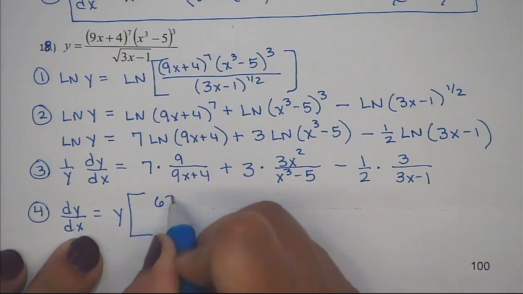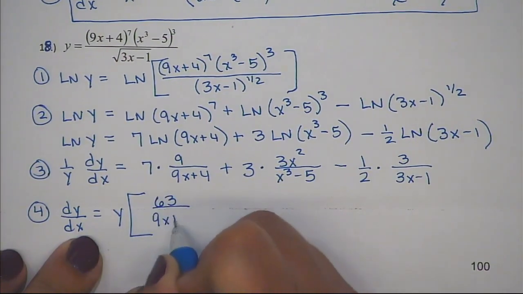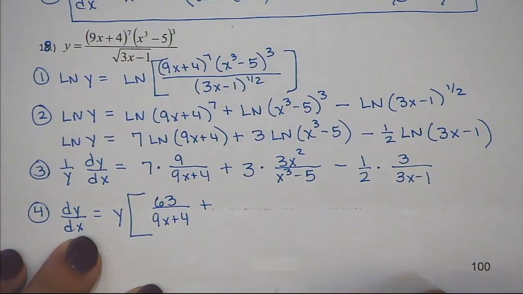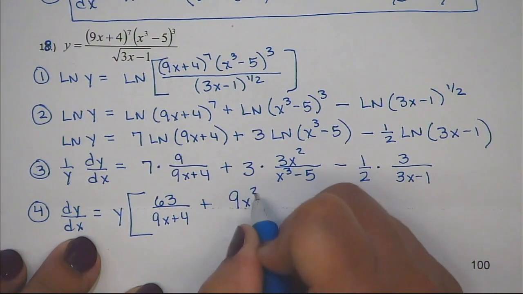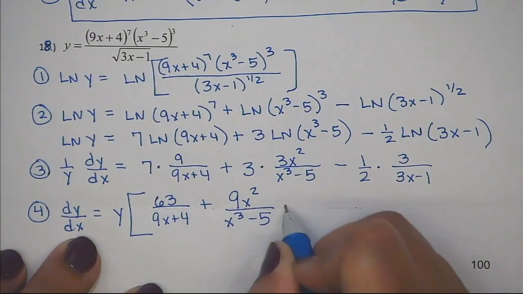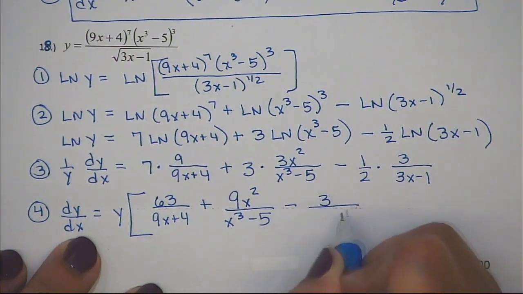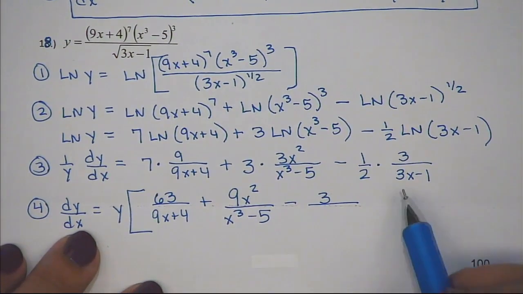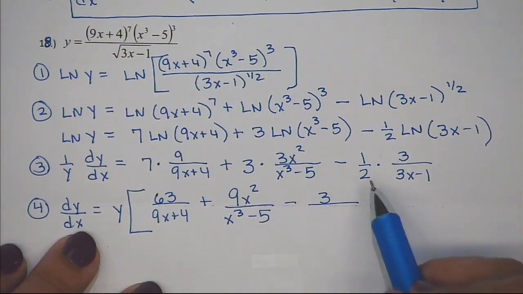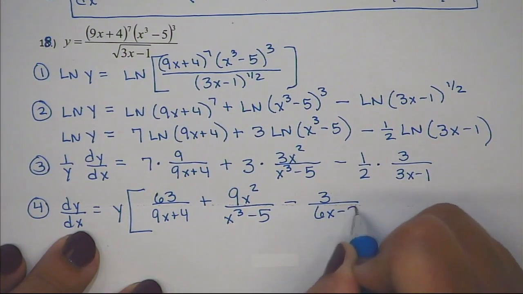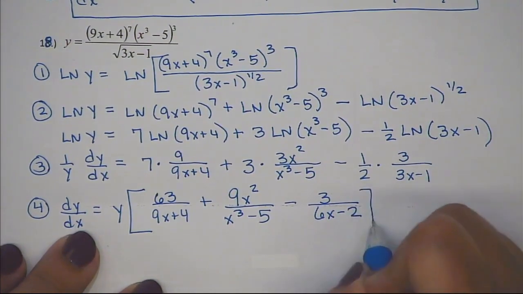So this is 63 over 9x plus 4, plus 9x squared: multiply the 3 times the 3x squared, over x cubed minus 5. And then this would be 3 over, now you can multiply the 2 or just leave it. I don't know what you want to do. Let's multiply it since everything else is multiplied out. So 2 times 3x is 6x, and 2 times 1, 6x minus 2.